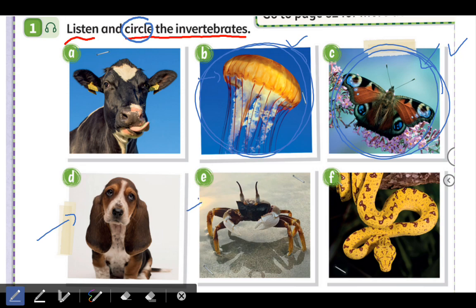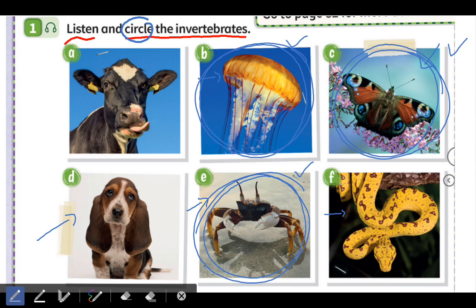Look at this crab. Is this crab vertebrate or invertebrate? Well done, it's invertebrate. It hasn't got a backbone, so we circle it. If you have it, okay, please tick it with your favorite color. Look at this dangerous snake. Oh dear, it's quite dangerous. And is it vertebrate or invertebrate?